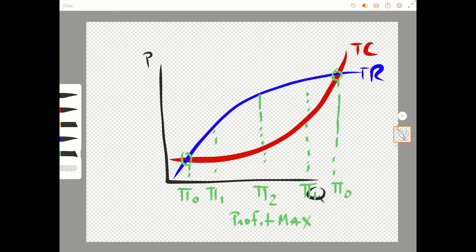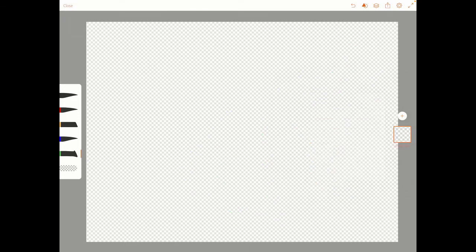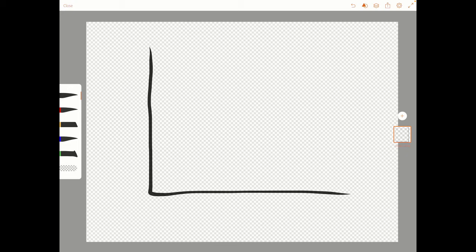Now what we're going to do is take this information and put it into a separate graph that's just going to look at profits. And we're going to add a second firm, because firm 1's profit is dependent upon not only what they choose to do, but what the other firm chooses to do as well. So here's what we're going to do. We're going to take those different output amounts that yield different profit amounts.